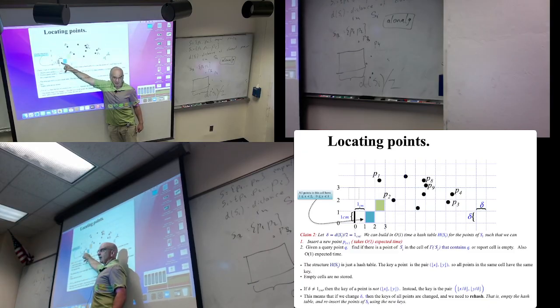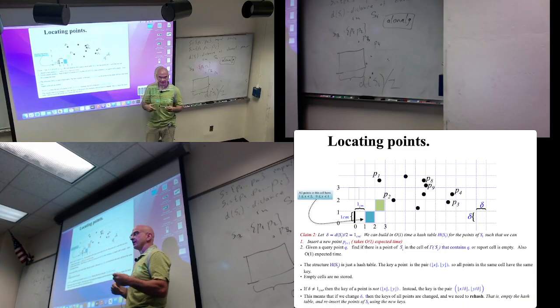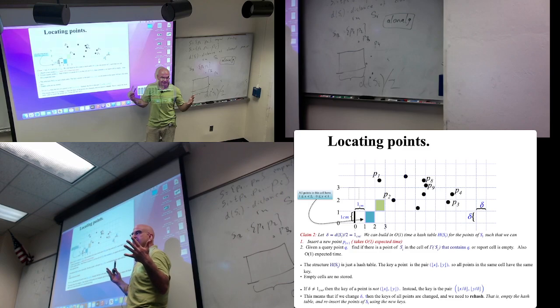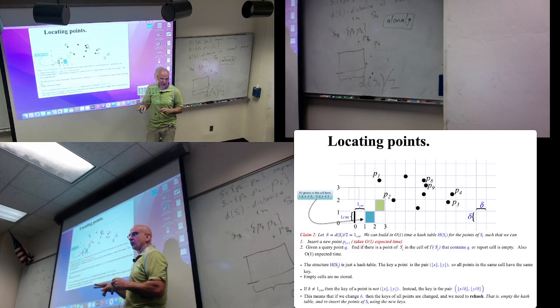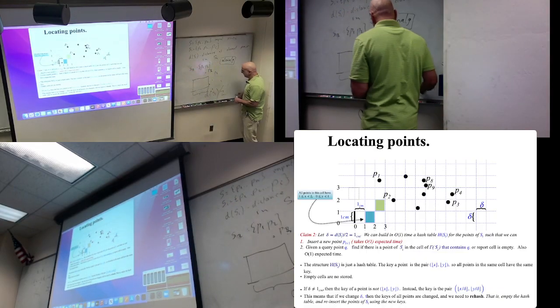The floor of the Y will give me the same value. To be precise, I'll get the coordinates of the lower left corner of the cell. That would be the index of the cell. And that's what identifies each and every point in the cell. Out of the infinitely many points, not only data points, all the points in the cell, they all have the same key.